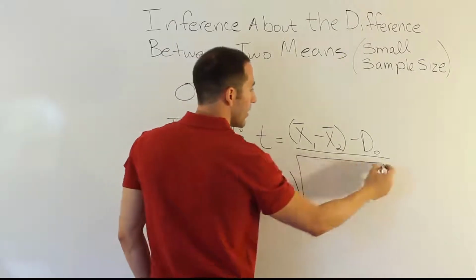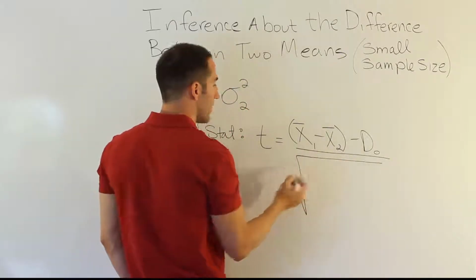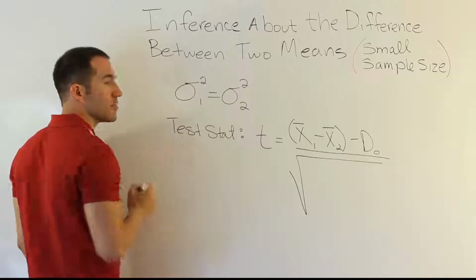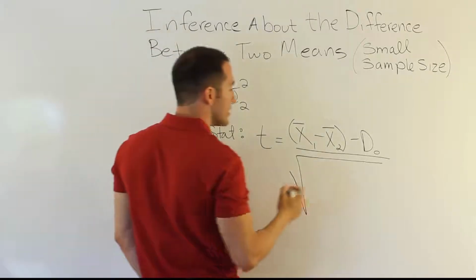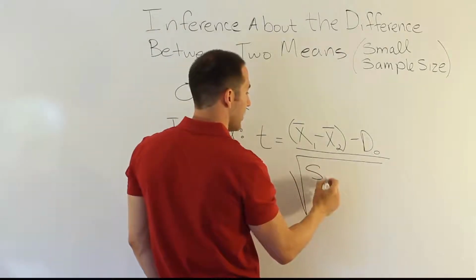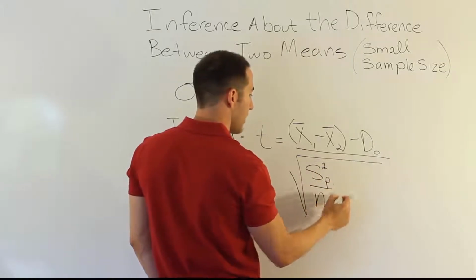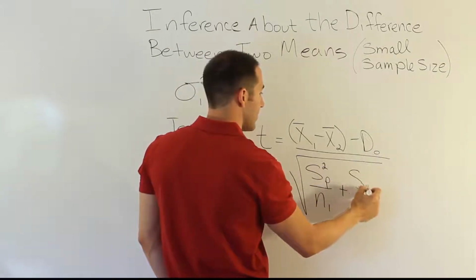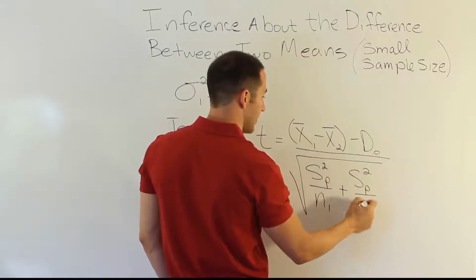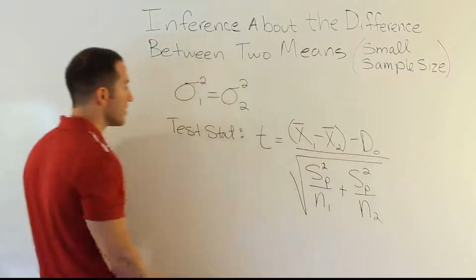Divided by the standard error for this estimator under the assumption that the population variances are equal. So that's going to be the square root of SP squared over N1 plus SP squared over N2. So that's your test stat formula.